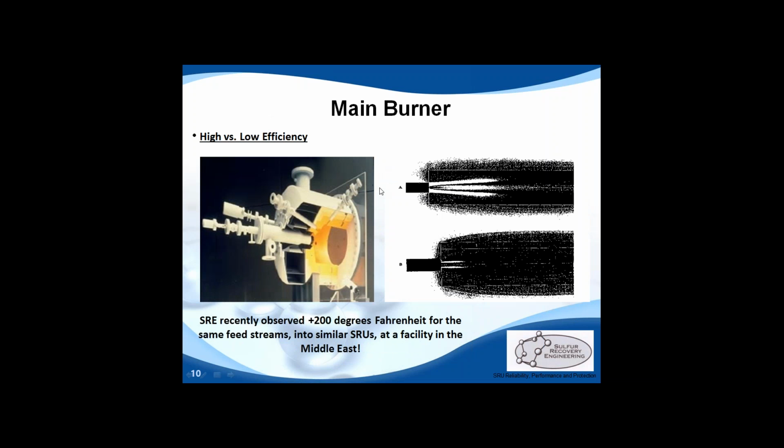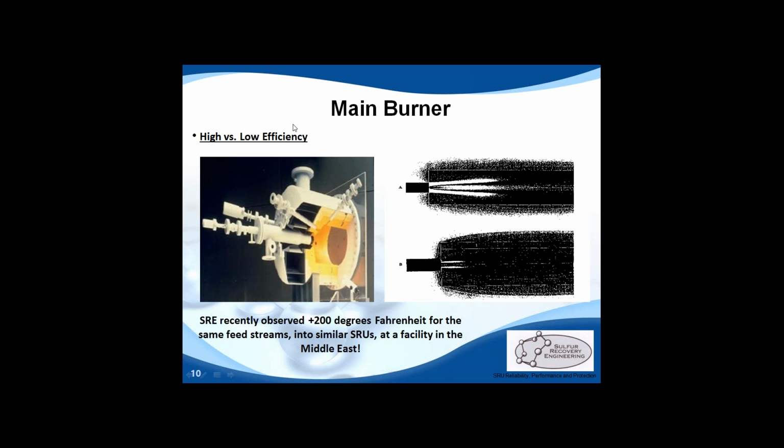Main burner: high versus low efficiency main burner at our reaction furnace. The picture to the right is not the best, but up here in A, what you'll see is a flame, and if you compare it to the flame in B, which is the flame off a CFD model for a high efficiency main burner, you see a more stable and tighter flame, and that's representative of a high efficiency main burner.